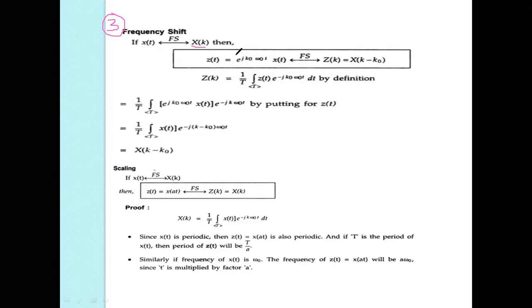Take the signal as e power j k naught omega naught t x of t. Apply the Fourier series, then z of k is equal to x of k minus k naught. Let us see on the whiteboard here, or otherwise I will explain it directly.